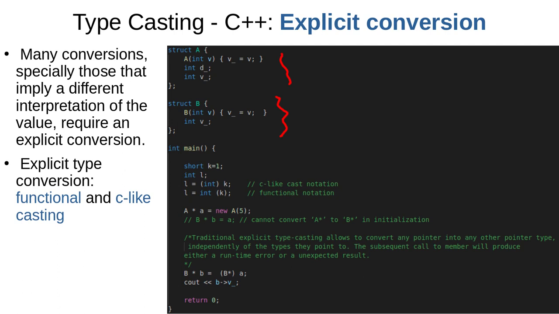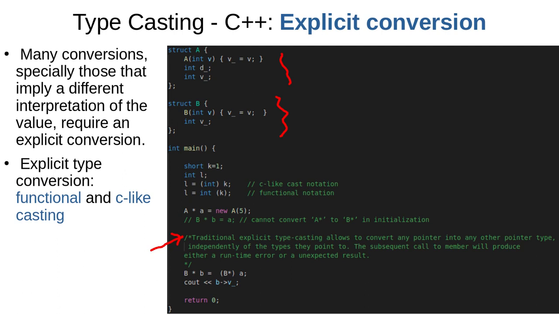conversion. So here we say traditional explicit type casting allows to convert any pointer into any other pointer type independently of the types they point to. The subsequent call to a member will produce either a runtime error or an unexpected result.